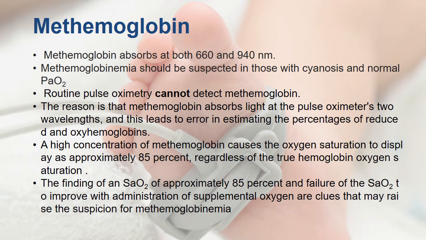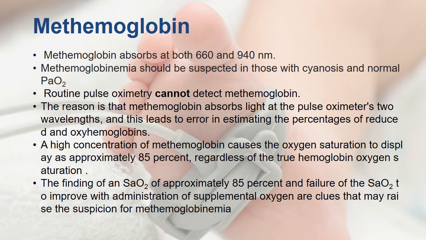Routine pulse oximetry cannot detect methemoglobin. This is a good limitation of pulse oximetry. You have to go for other oximetry or other methods for detection of methemoglobinemia. The reason is that methemoglobin absorbs light at the pulse oximeter's two wavelengths, and this leads to an error in estimating the percentages of reduced as well as oxyhemoglobin.